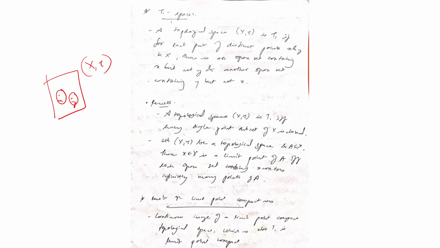Such spaces are called T1 spaces. There are some results on that. In T1 spaces, we are talking about 2 points, right? For every 2 points, you will get this. And in T2 spaces, what is there?